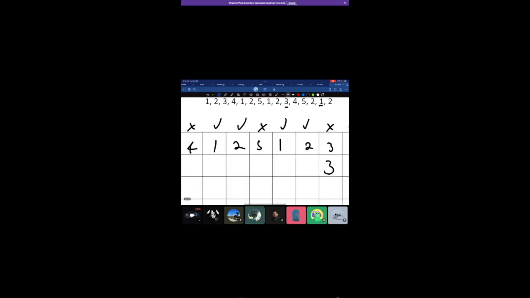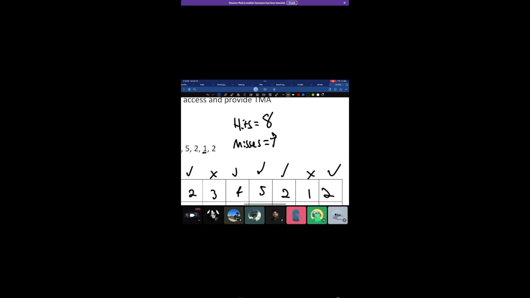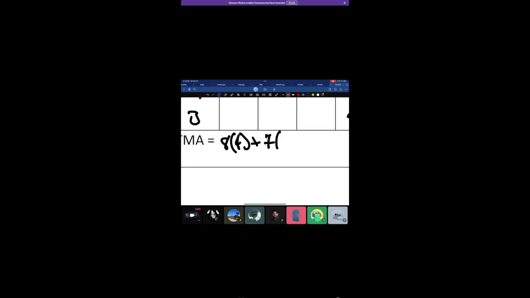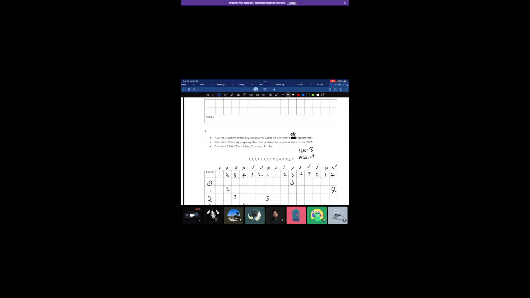And a few more. 5, 6, and 7. So that's 8 hits and 4 plus 7, so 11 misses.